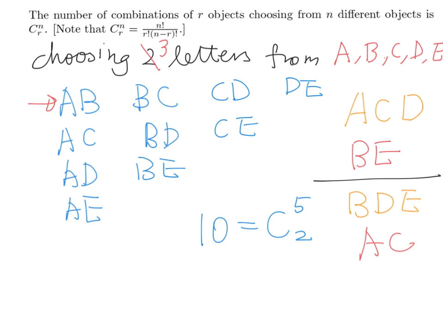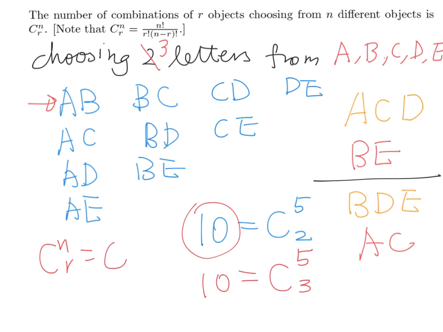But the number of ways to drop two letters is just the same as the number of ways to choose two letters. So the answer should still be 10. And 10 is equal to 5C2, but it is also equal to 5C3. Remember that we have nCr equal to nC(n minus r).